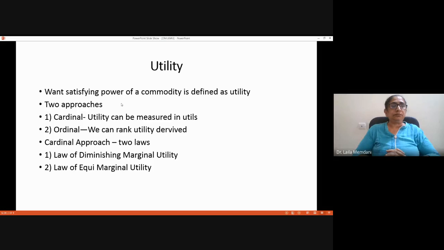You can rank: coffee is giving you the higher utility, tea is giving you slightly lower than that. Maybe with some other commodity you relatively rank, or with the previous unit, that is, the first unit of coffee gave you higher utility, the second unit of coffee gave you less. So you are relatively ranking the utility.